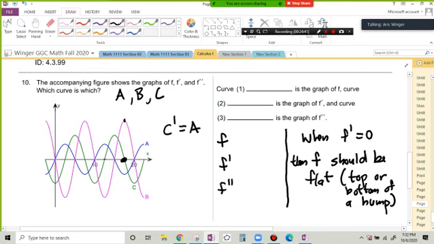Oh, here's another place. When C is 0, B has another hump. Let's just be clear. When C is positive, B starts increasing. It looks like the derivative of B is C.